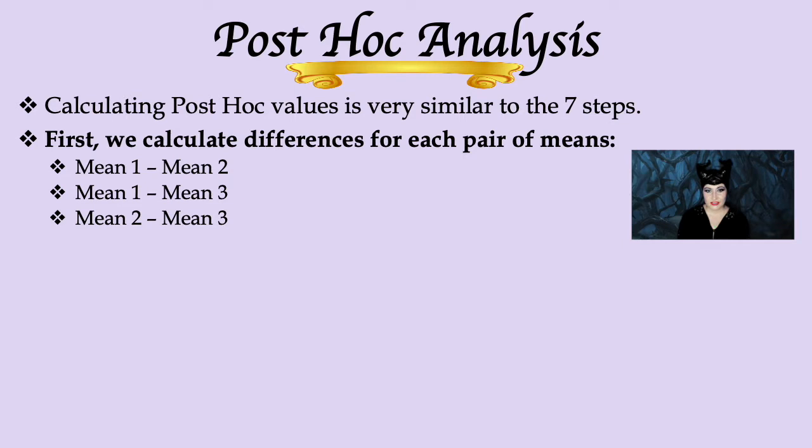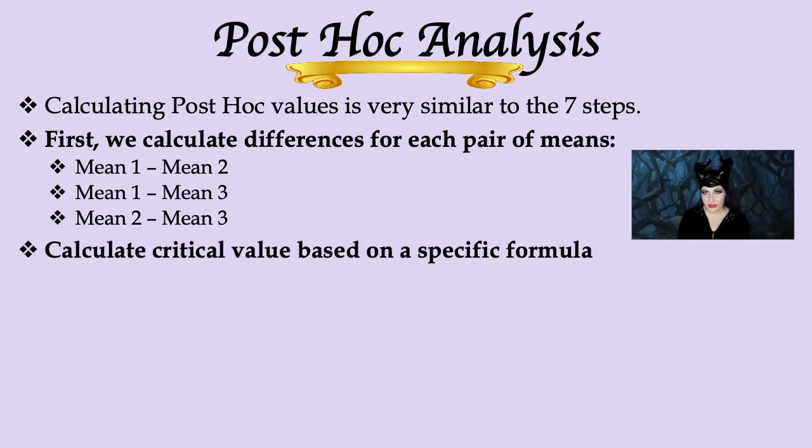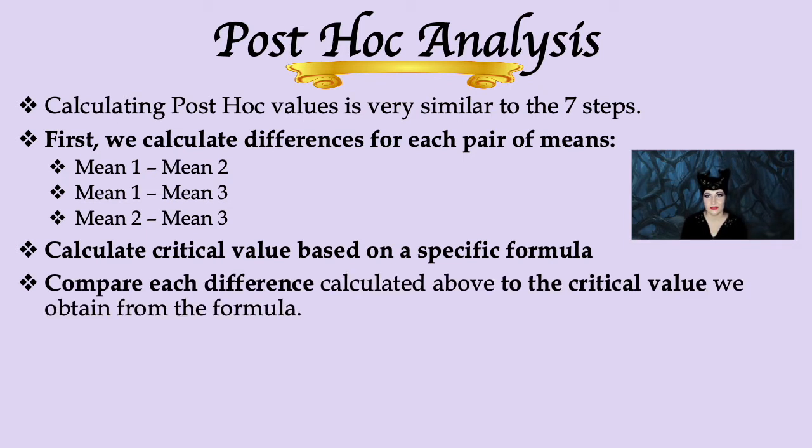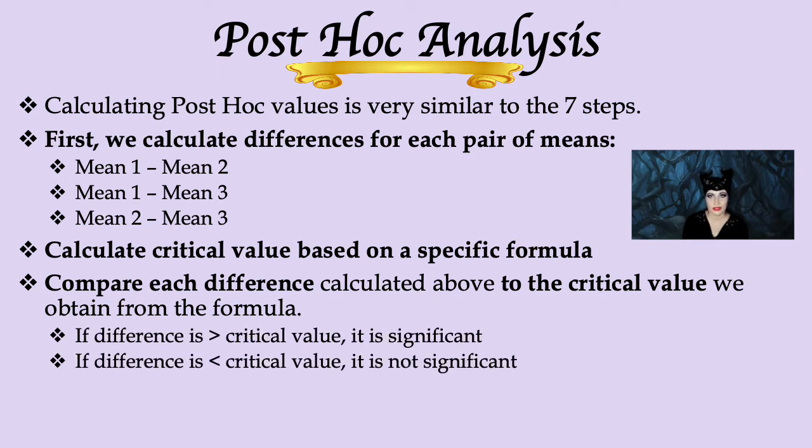The next thing we have to do is calculate a critical value for the post hoc analysis based on a specific formula. Once we find that critical value from the formula, we're going to compare each difference that we've calculated above to this new critical value. If the difference that we've calculated among the means is greater than the critical value, then the difference between those 2 groups is significant.